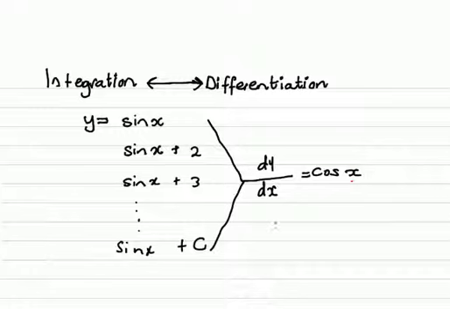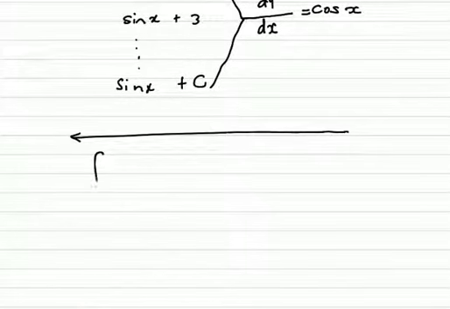So now you see that cosine x is the derivative of all this family of functions. So normally when you start integration, remember we start with the indefinite integrals, and in this case, if we want to move from a derivative back to the function which was differentiated, we would use the integral sign: the integral of cosine x dx.